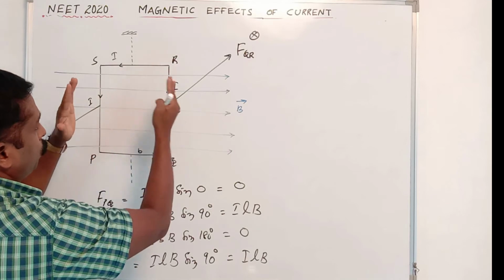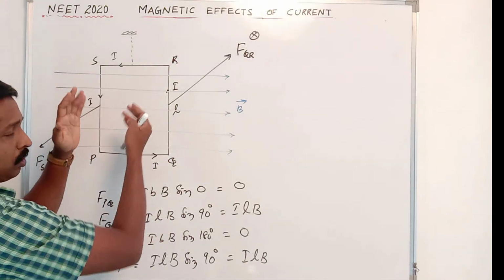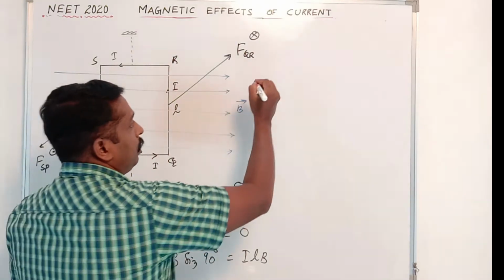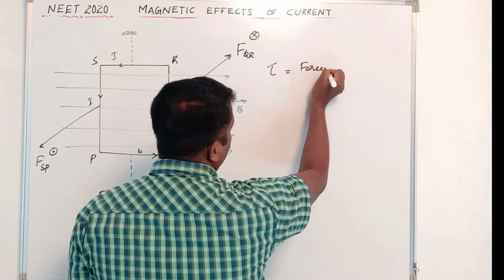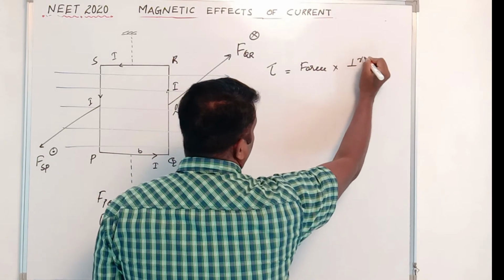Two equal and opposite forces acting in opposite directions constitute a couple, and that couple is called torque. Torque is equal to force into perpendicular distance.